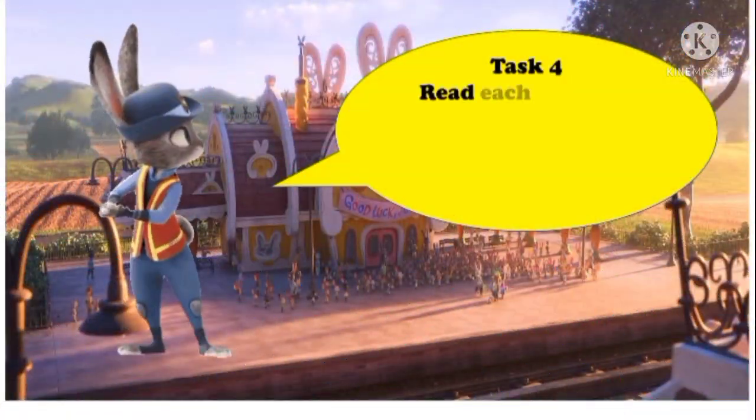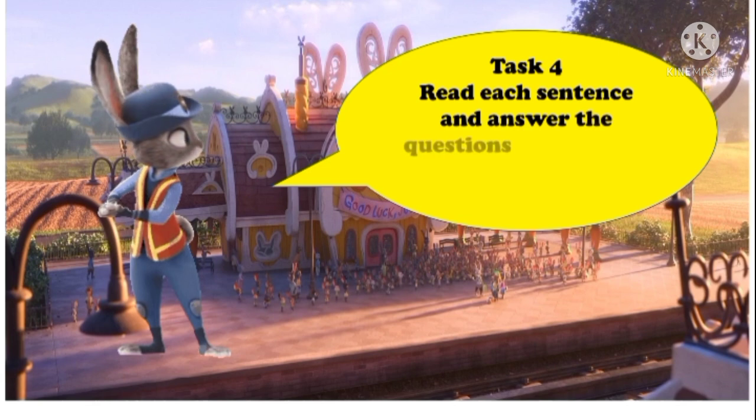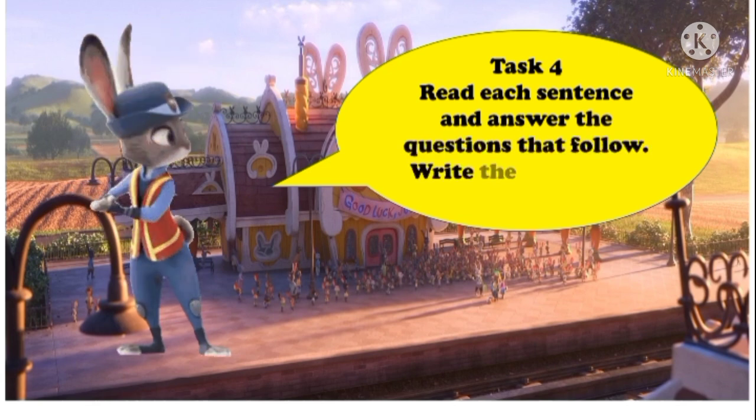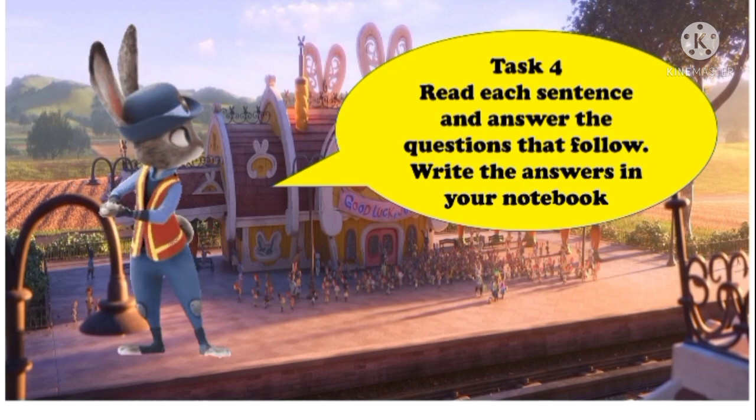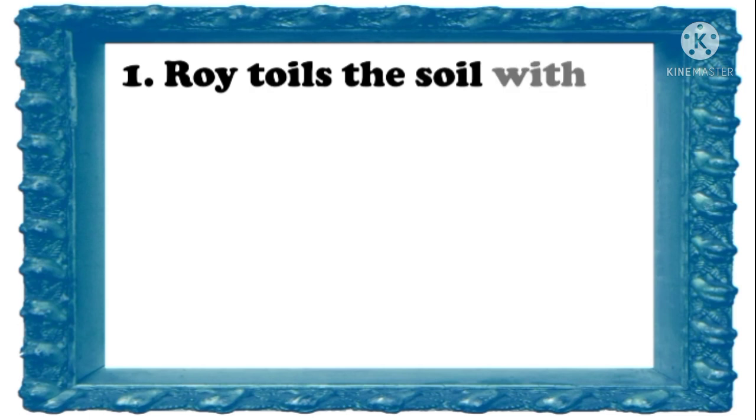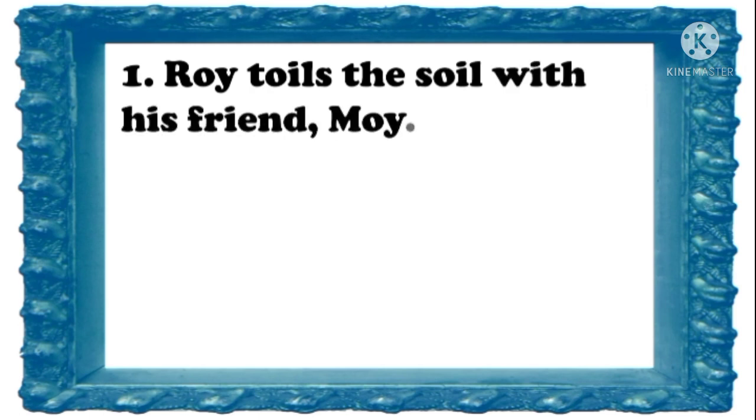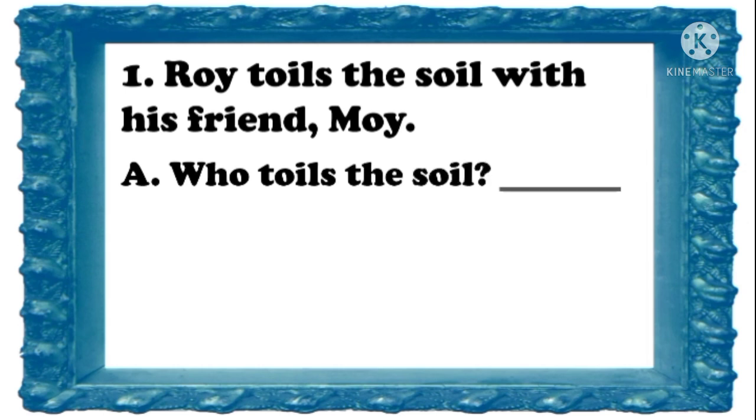For Task 4, read each sentence and answer the questions that follow. Write the answers in your notebook. Number 1. Roy toils the soil with his friend Moy. Question A. Who toils the soil? The answer is Roy.